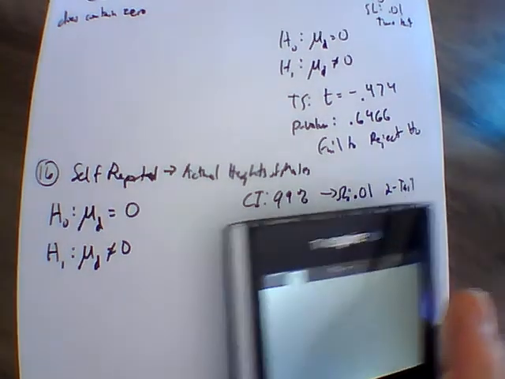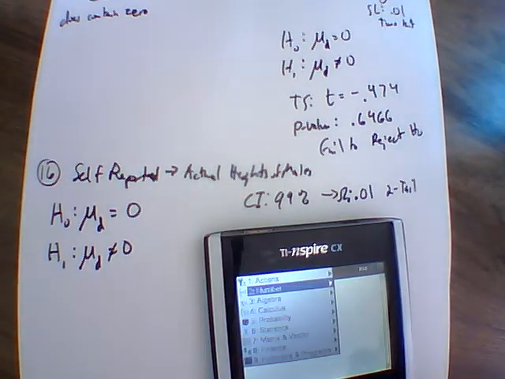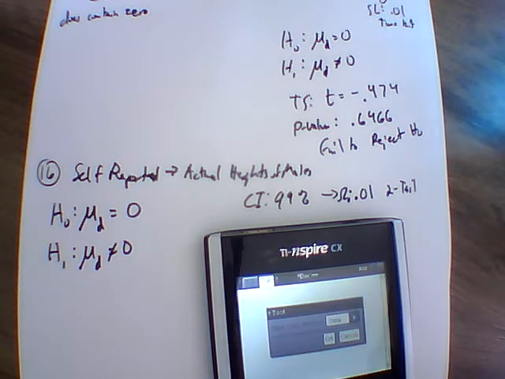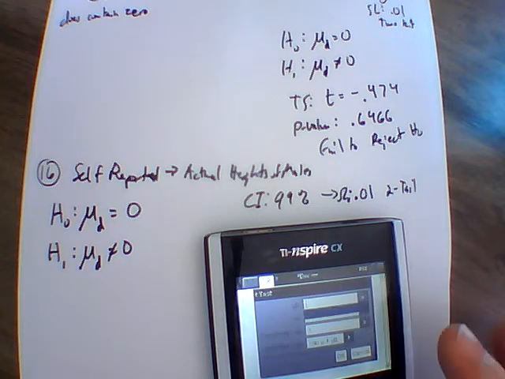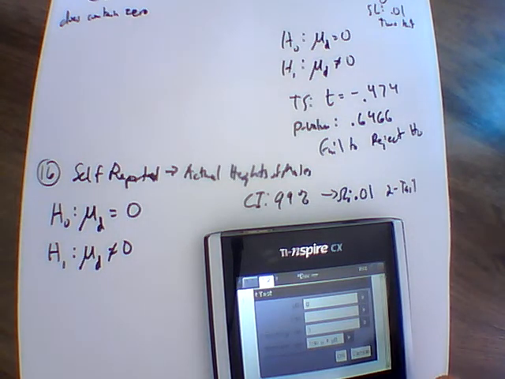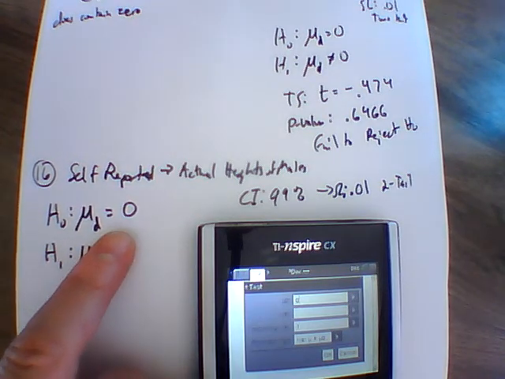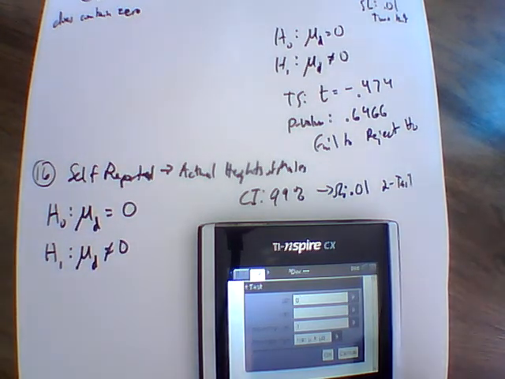So we would go menu, statistics, stat test, t-test. We're using data. We're comparing to 0. Once again, our null hypothesis would be a difference of 0. Our list was list D. And our alternative is they do not equal.